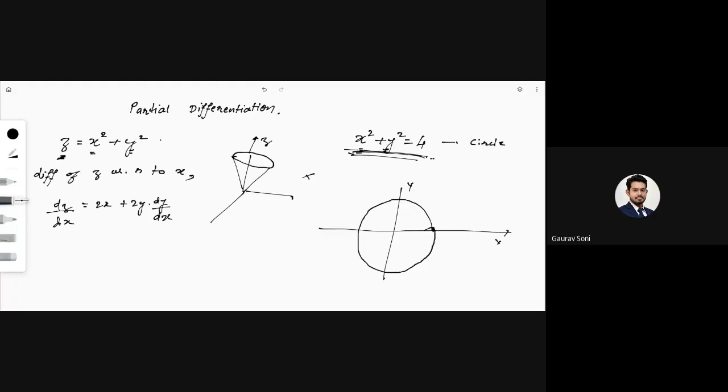So logically, this is the derivative. This is the differentiation. So you are considering y as a function of x. Am I right? Is y a function of x? Look, when you write dy by dx, it means that y depends on x, right?